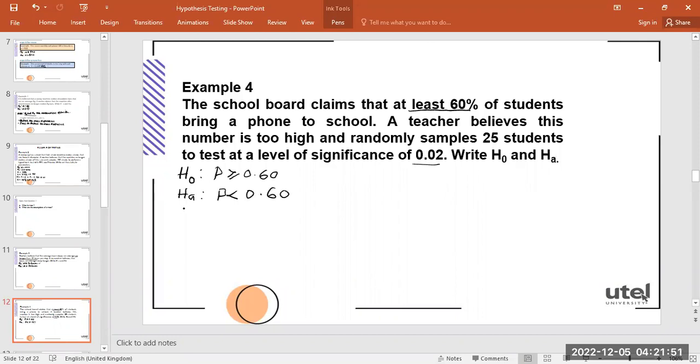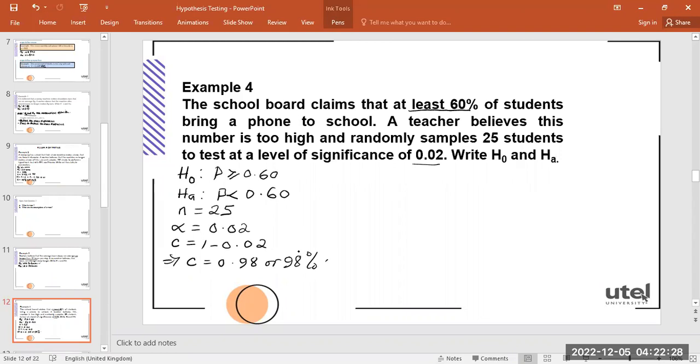And then we're told that the sample he picked was 25. We just want to bring out all the data, and we're told that the level of significance is 0.02. So in this case, we can say that our confidence level is going to be 1 minus 0.02. This implies that our confidence level is equal to 0.98 or 98%.